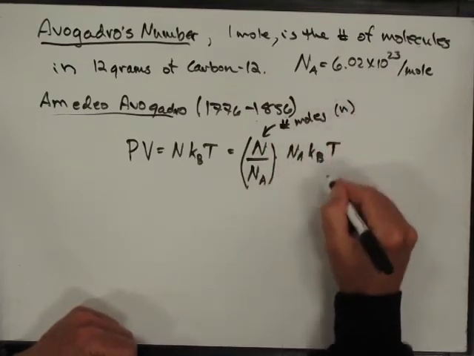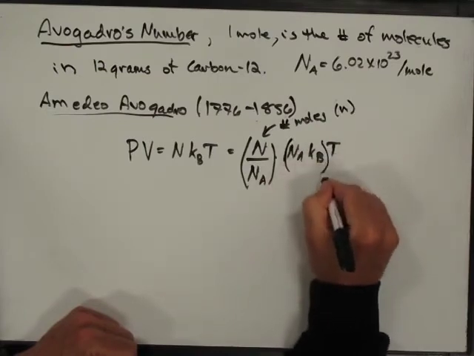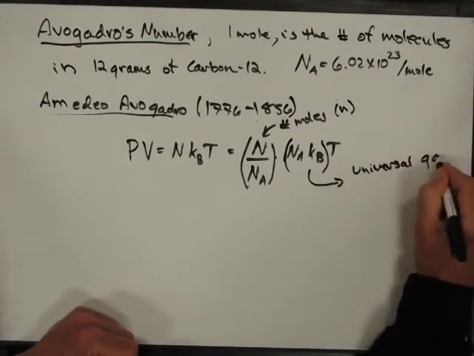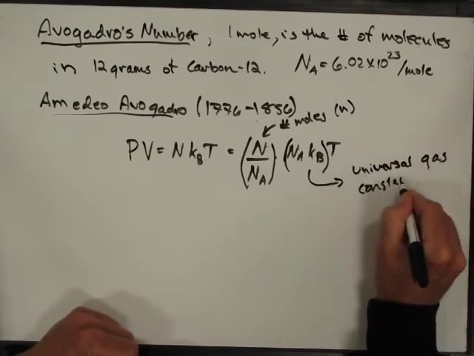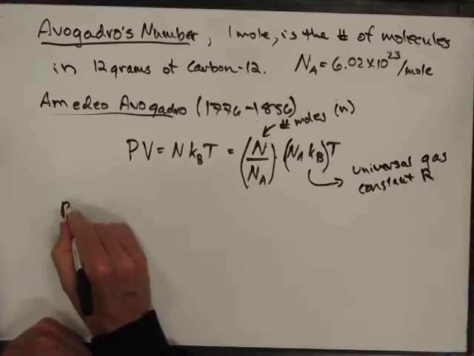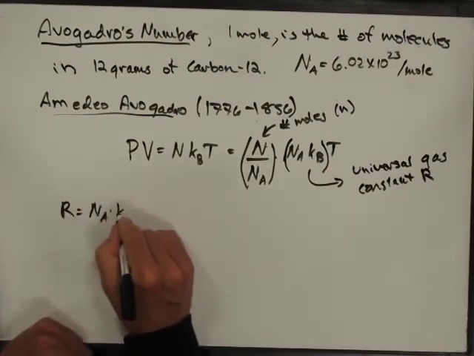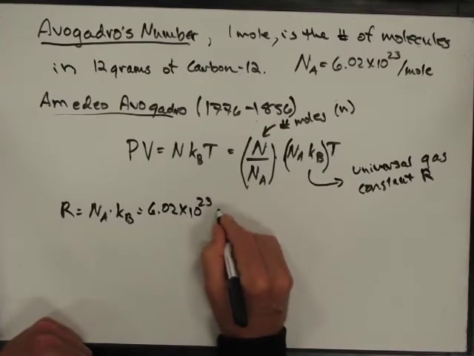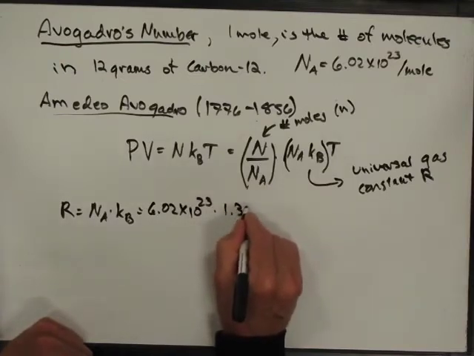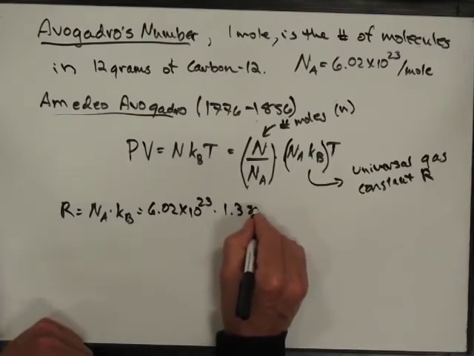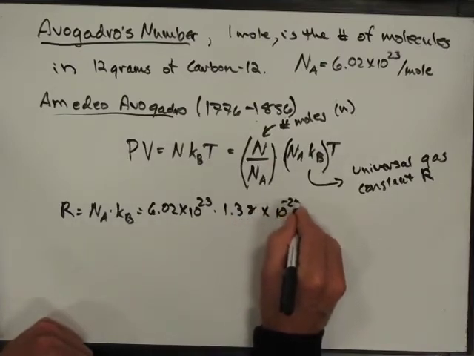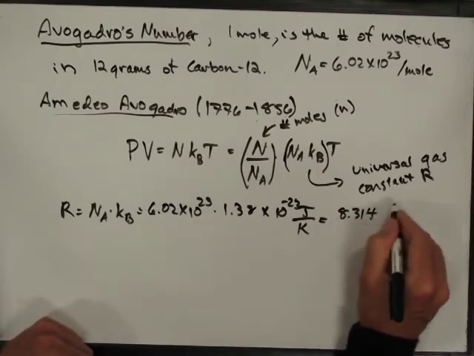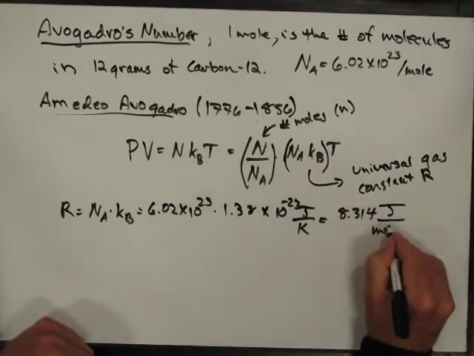We usually use a lowercase n for that. This quantity here is the universal gas constant, often called R. R is equal to Na times kB, which is 6.02 times 10 to the 23rd times 1.38 times 10 to the minus 23rd joules per Kelvin, which is about 8.314 joules per mole Kelvin.